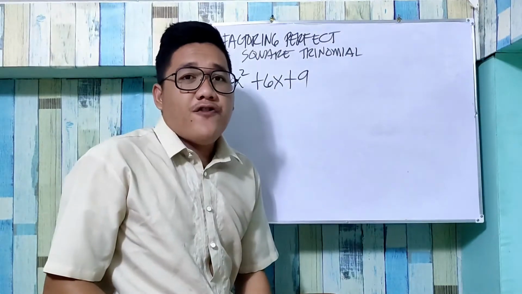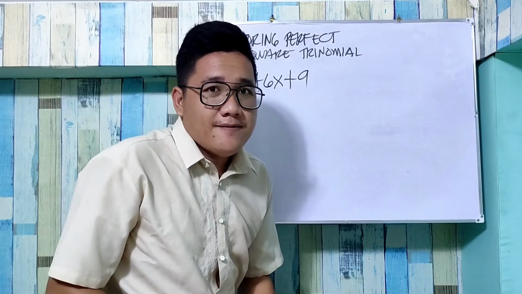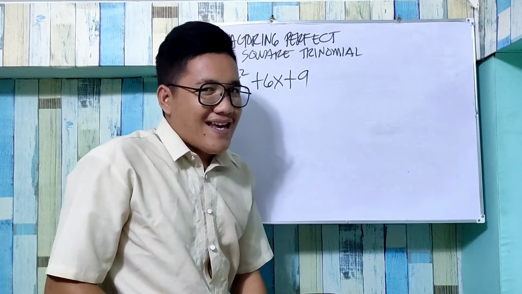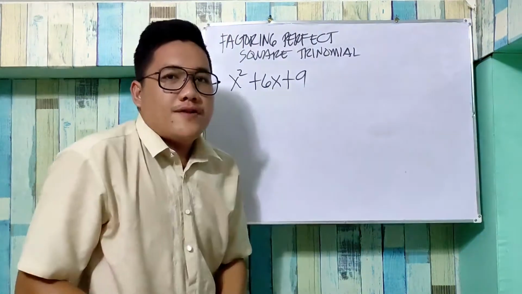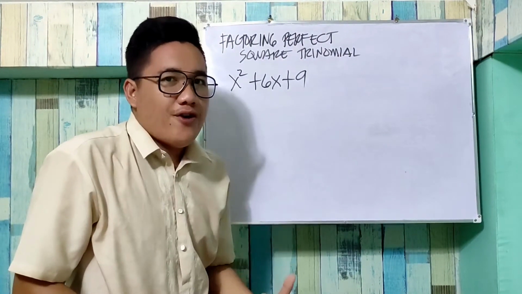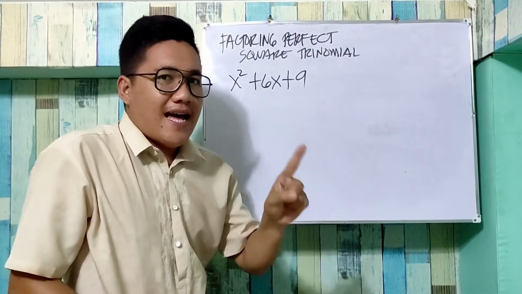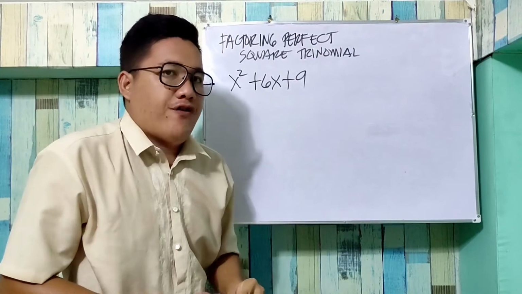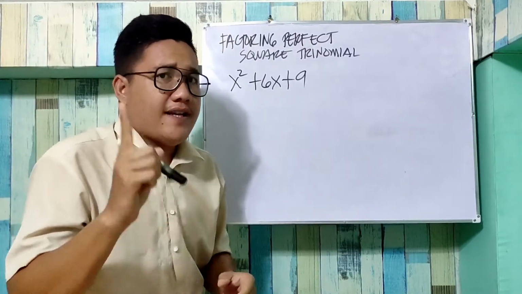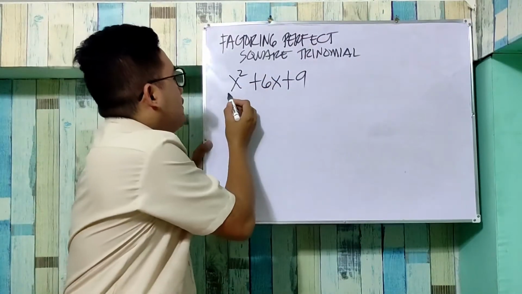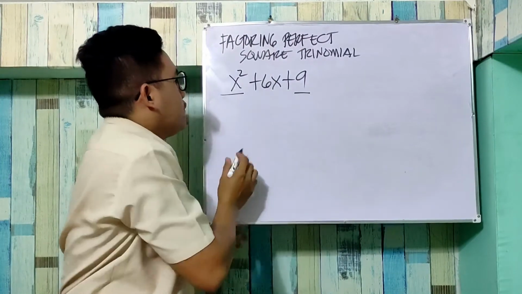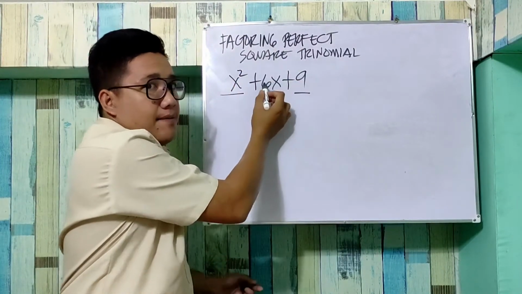So, try natin i-apply yung dalawang reminders natin para masabi natin na ang given trinomial is a perfect square trinomial. Example number 1. Is this a perfect square trinomial? Okay. Let us check. So, applying the first rule, the first and last term must be a perfect square. So, ano yung first and last term natin? First, last, middle.